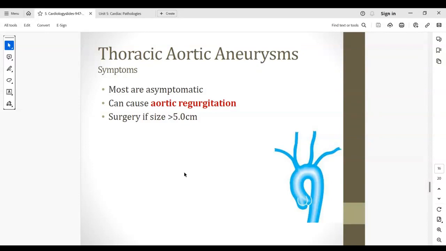So somebody could have a thoracic aortic aneurysm and it has no symptoms whatsoever. It can cause aortic regurgitation, because the bulging or dilation of this area will make the aortic valve incompetent, so there will be some aortic regurgitation here. And if this dilation is more than 5 centimeters, surgery is a must.